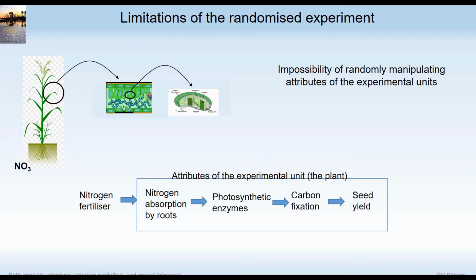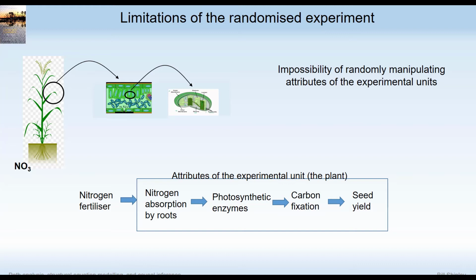Now, there's another limitation of the randomized experiment. This limitation is a little bit more subtle, but it's really, really common and important in ecology and evolution. And that relates to the way that we manipulate the treatment variable.